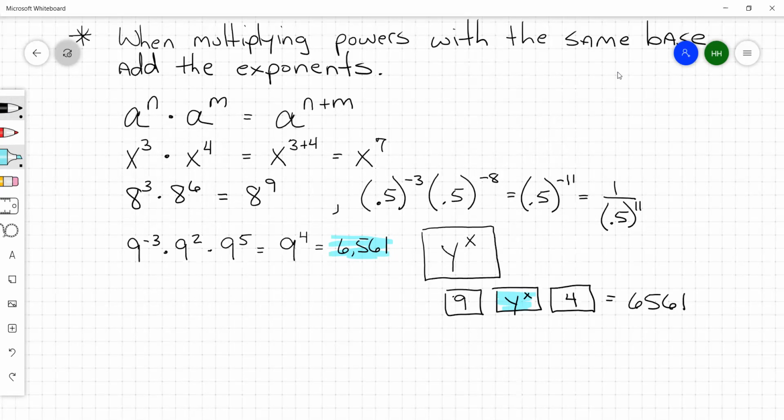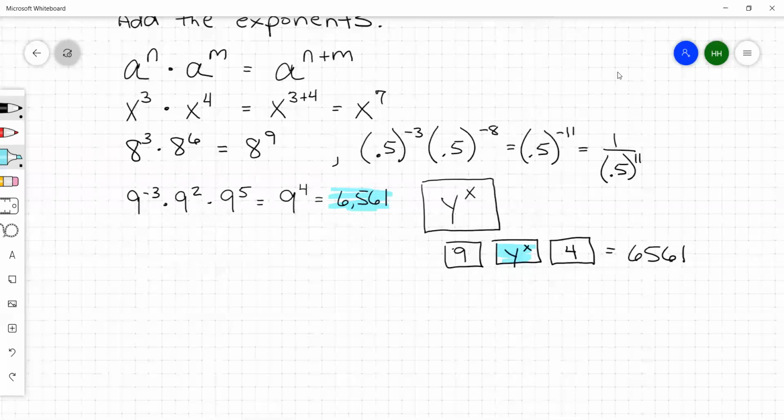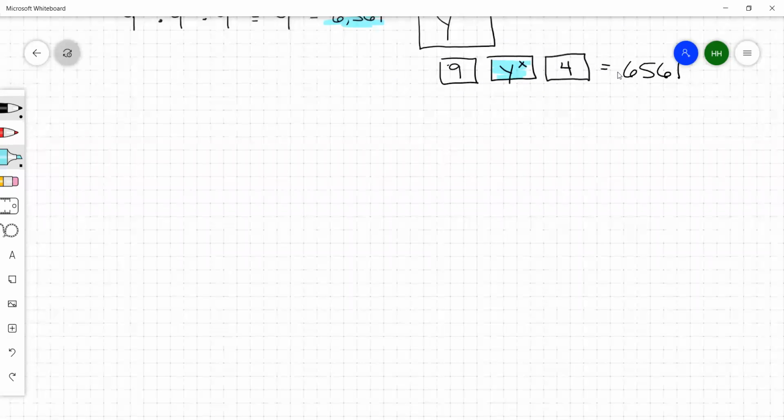All right, same rule applies when you're multiplying powers with variables. So let's go like 4z to the 5th times 9z to the negative 12th.